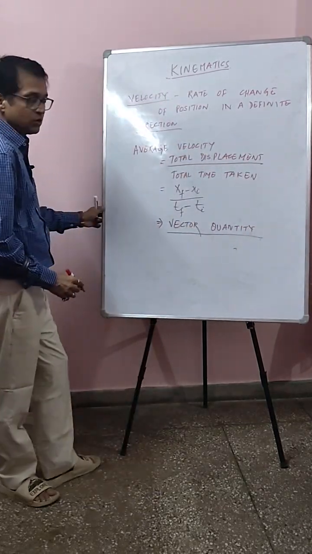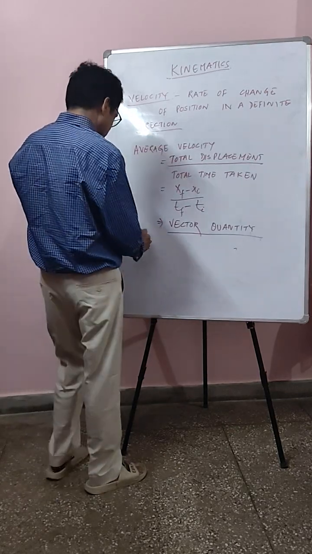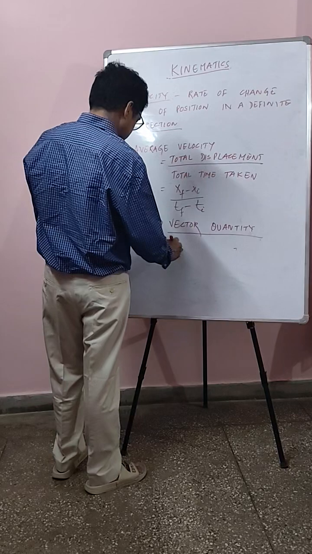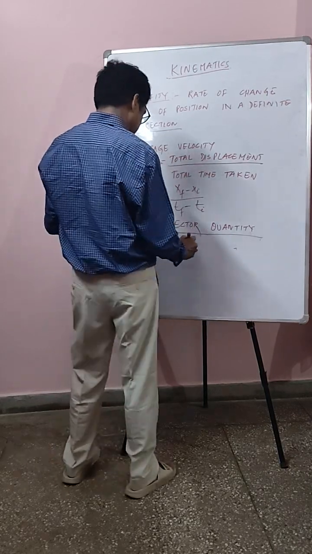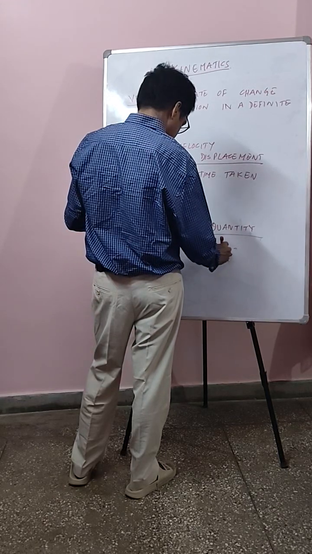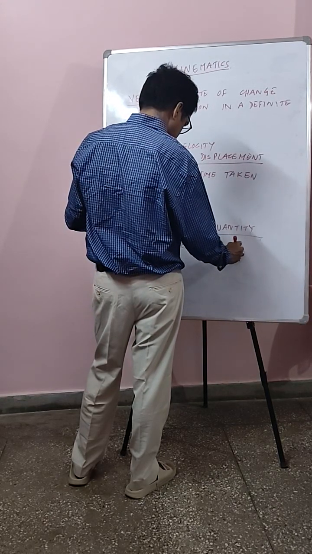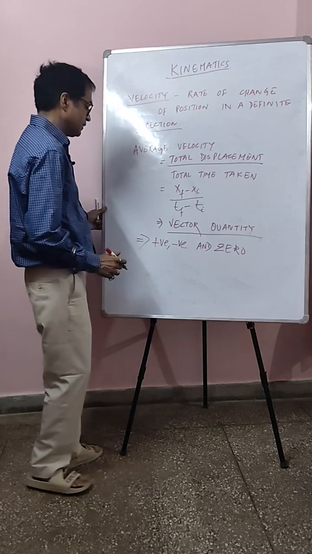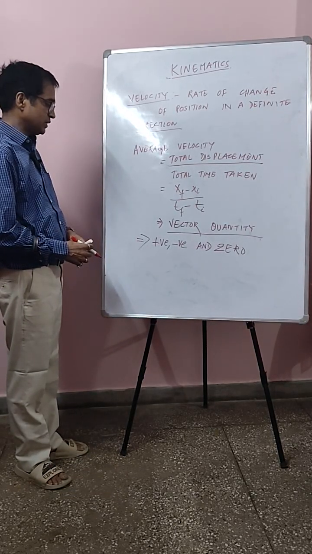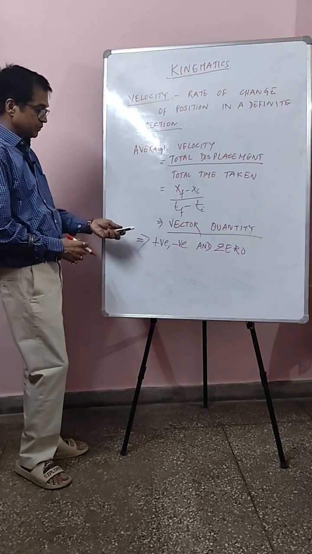Velocity is a vector quantity, and velocity can be positive, negative, and zero.